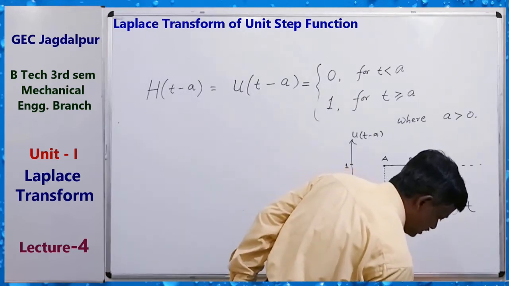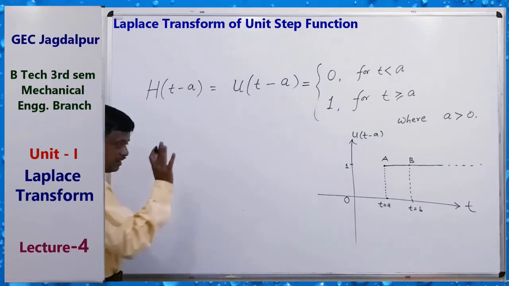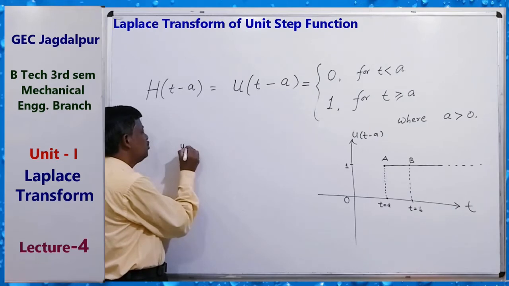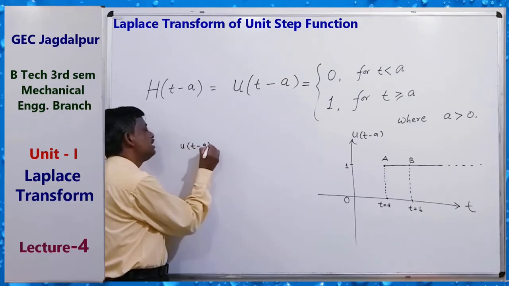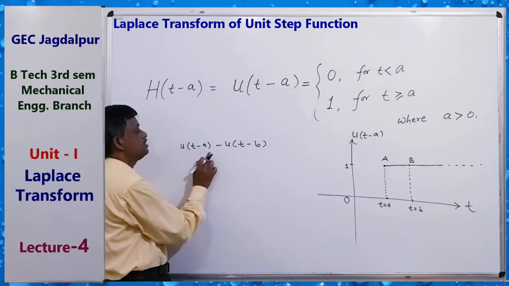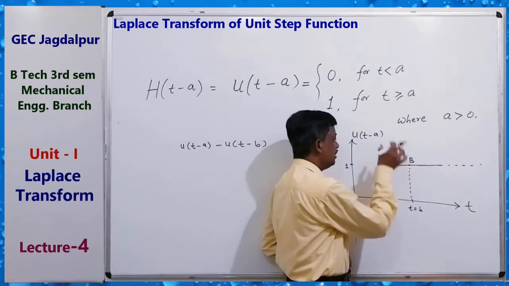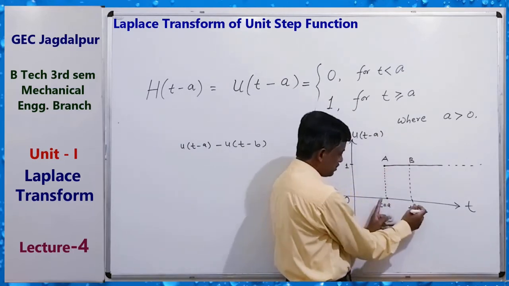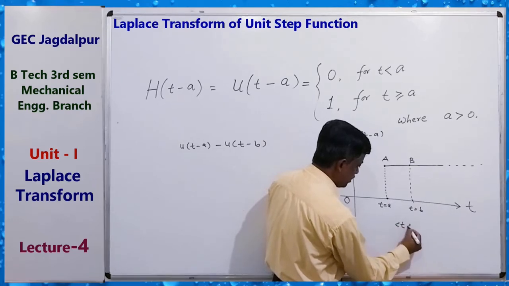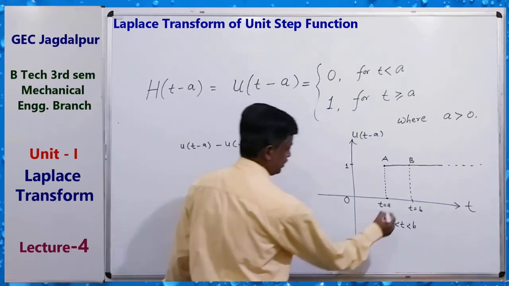Now take another question. Express the function here. One thing is here, u(t minus a) minus u(t minus b), unit step function, this minus this represents this straight line. This straight line lies in this interval where t lies between a to b, in this place.